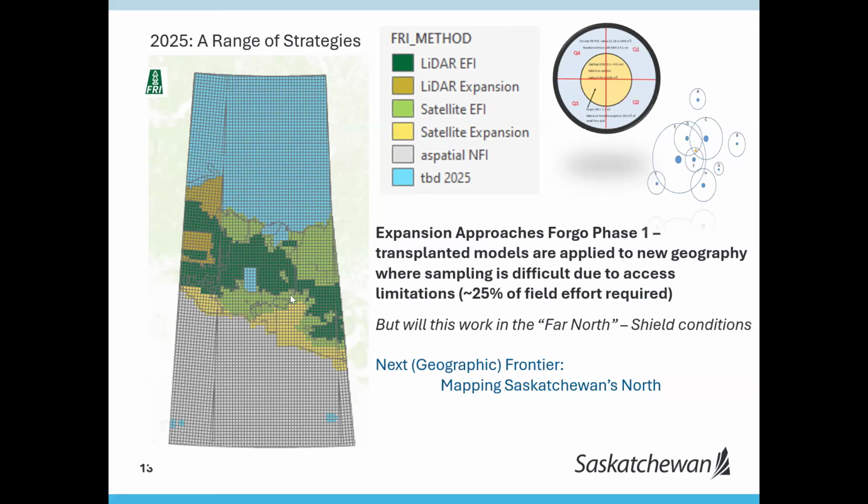Yellow, we're expanding that spaceborne solution into the south, the forest fringe, where ag land use exceeds forest management, and most of the land in that yellow zone is privately owned. And the areas in brown are where we're going to use ALS point clouds or LiDAR data to expand models built in these green areas northward or southward.